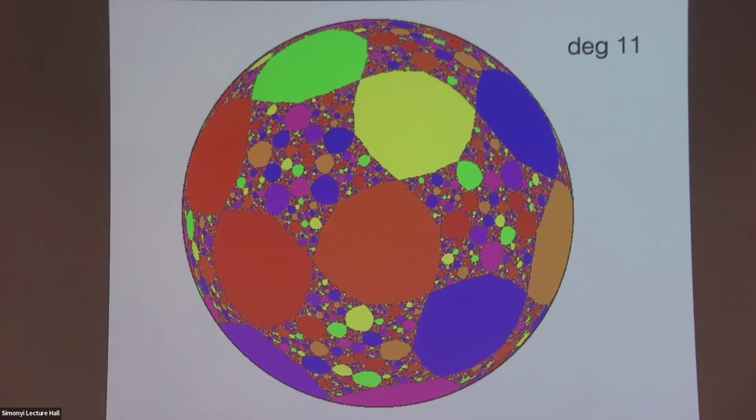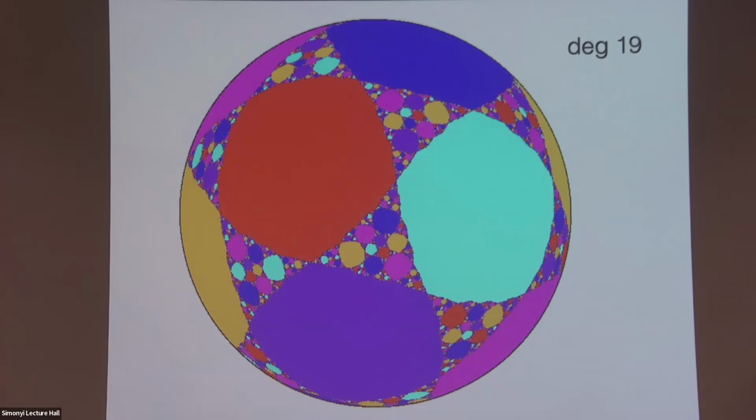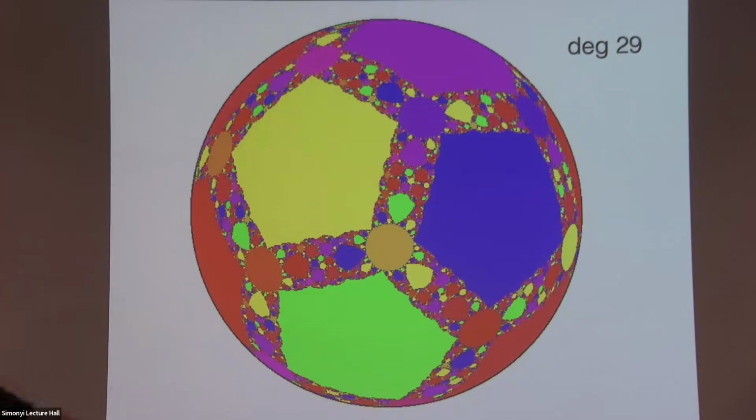And similarly for the edge midpoints, there's a degree 19 map, and for the 30 faces, there's a degree 29 map. We use the degree 11 map in writing down an explicit iterative algorithm.